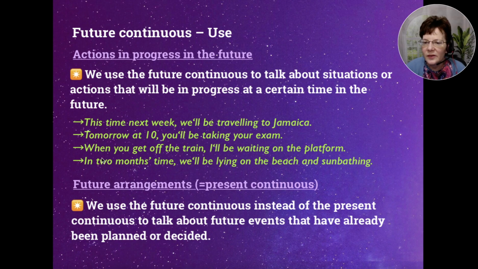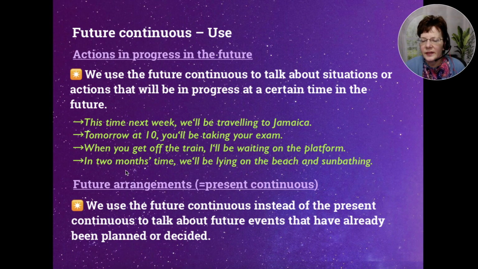Okay. Then, when you get off the train, I will be waiting on the platform. And then, in 2 months' time, we'll be lying on the beach and sunbathing. So we will be doing two things here. You can see the time expressions, signal words. When is one, tomorrow, this time, next week, or whatever.